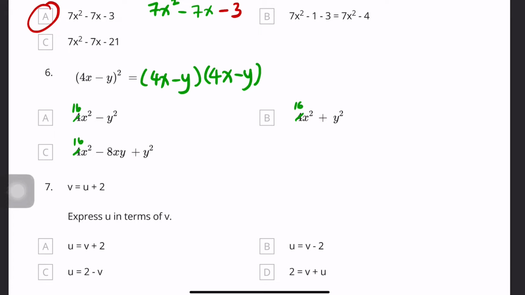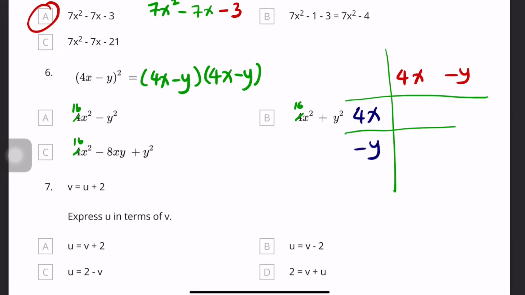If you have something like this, what I love to do is split the expression into 4x minus y and another 4x minus y, and put this in a box like this.